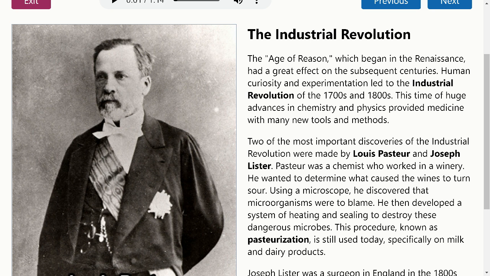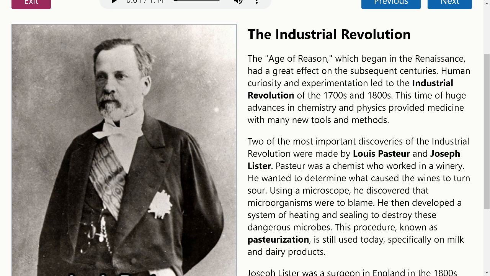So once the Renaissance came, this is when the Age of Reason began. Remember we talked about previously that they thought medicine was related to supernatural things. They thought it was related to religion, and other things. I can't remember at the time, but they've been going back and forth.